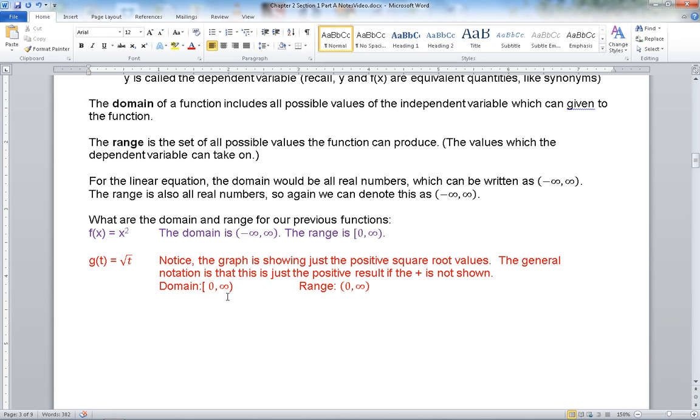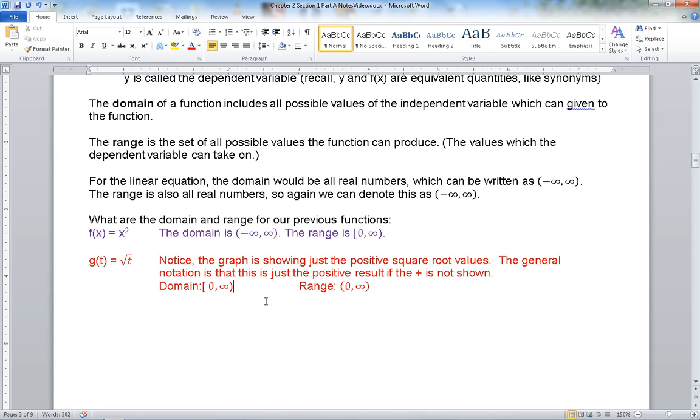Now, you can't get infinity, but as you take larger and larger numbers, you get bigger and bigger results out. But you can put big numbers in the square root. The square root of 100, the square root of 100,000, the square root of 10 million, and so on. And you can keep taking square roots of larger and larger values. So the domain is between 0 and infinity.